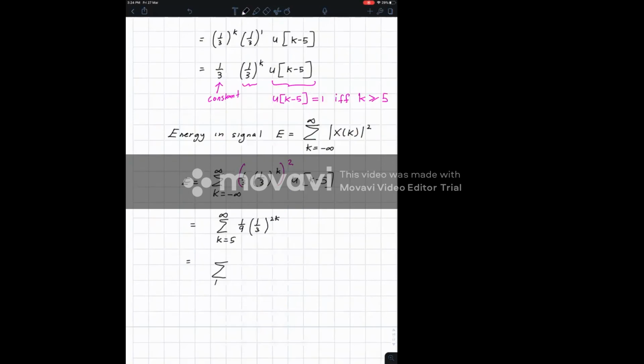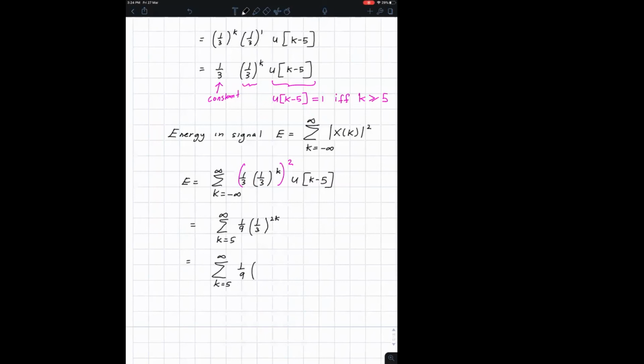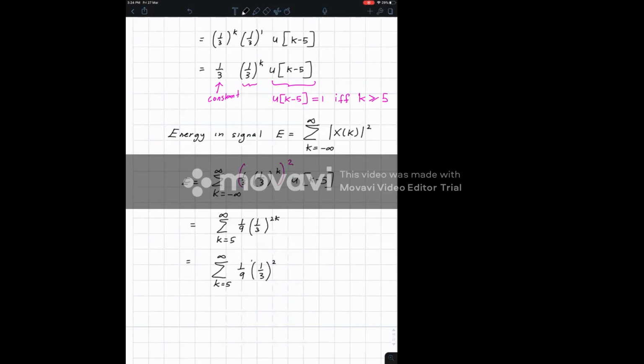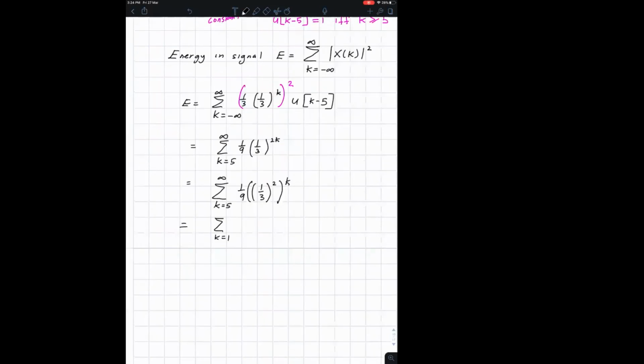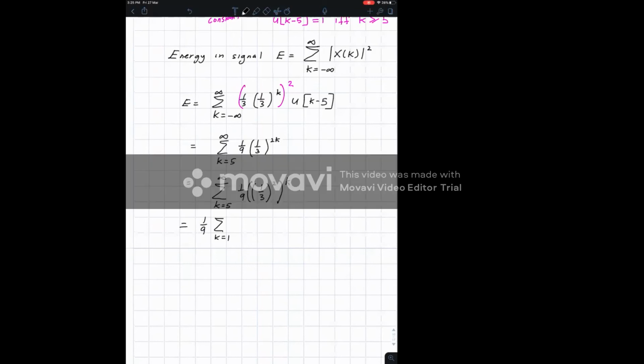It's going to be 1 over 3 squared to the power of k, right? So you can pull this 1 over 9 out, then inside 1 over 9 to the power of k. We move to the next.